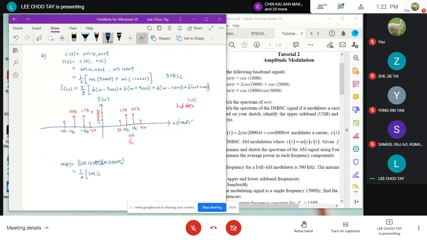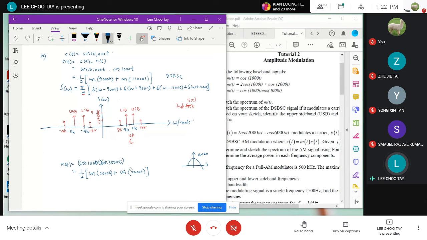So you're going to have cos of 1,000 minus 3,000, which is minus 2,000. Remember, cosine is an even function, so cosine of minus 2,000 is the same as cosine 2,000. So they give you cosine 2,000T plus cosine of 3,000 plus 1,000, which gives you 4,000T. That will be your MT.